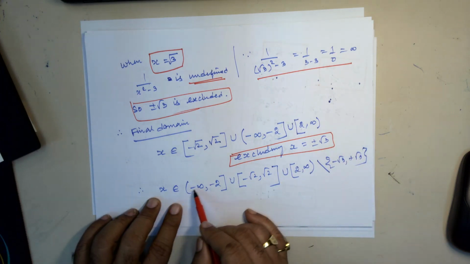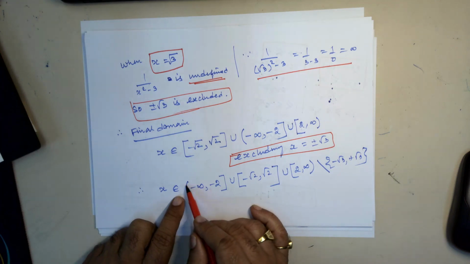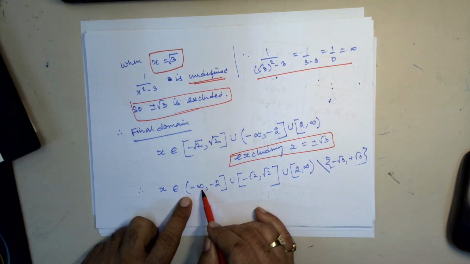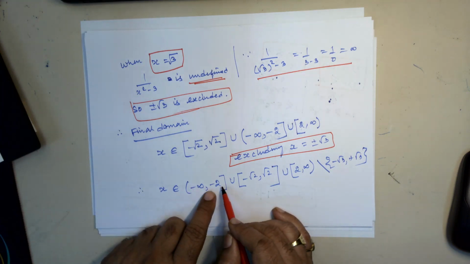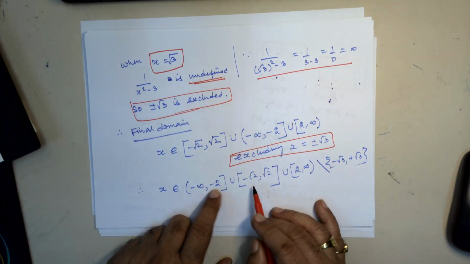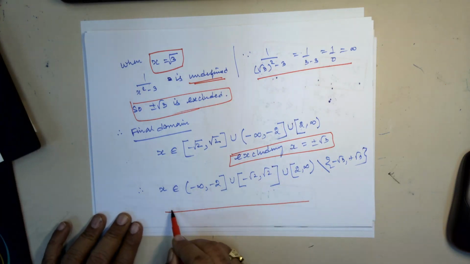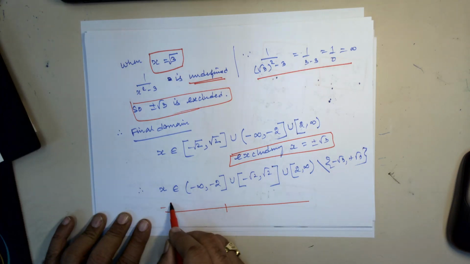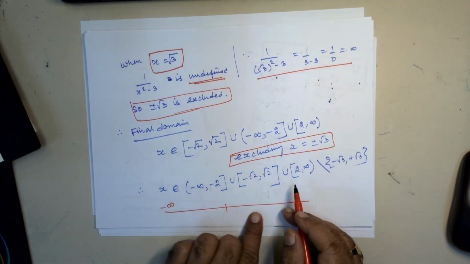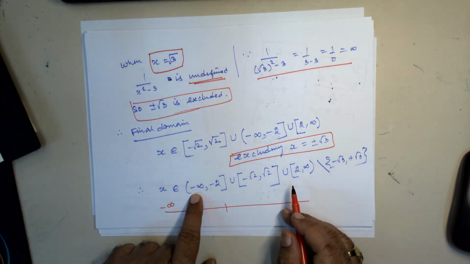So x belongs to, taking open intervals, minus infinity to minus 2, union. I interchange this, minus root 2, root 2, so that the number line will be like this. When you start from here, this is minus infinity, you can comfortably start from here. That is why I put minus infinity here.